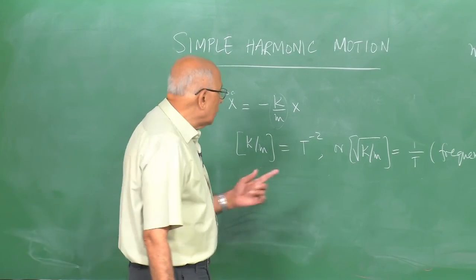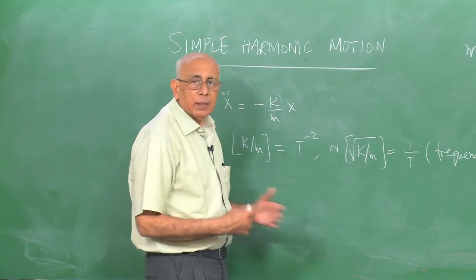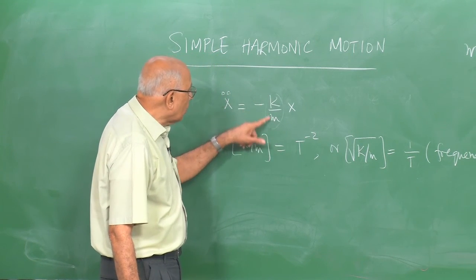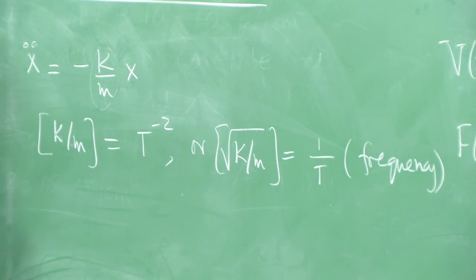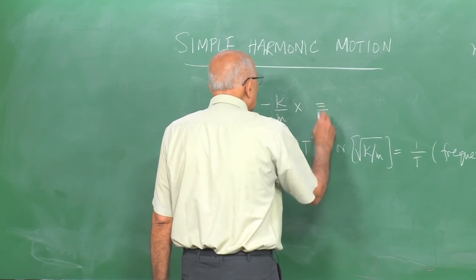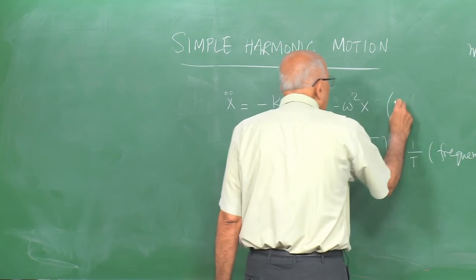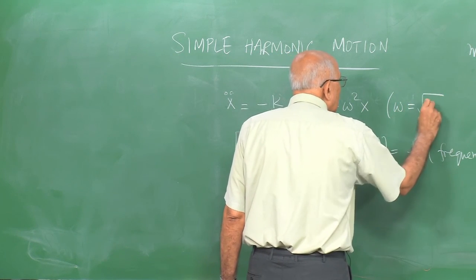So we see how a frequency is emerging here, how periodic motion is emerging from this equation of motion. This quantity here has the dimension of the square of a frequency, and k is positive, m is positive. So let us write this as equal to minus omega squared x, where we have identified omega to be equal to the square root of k over m.